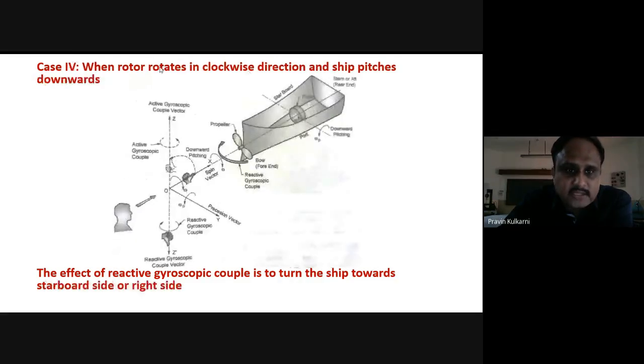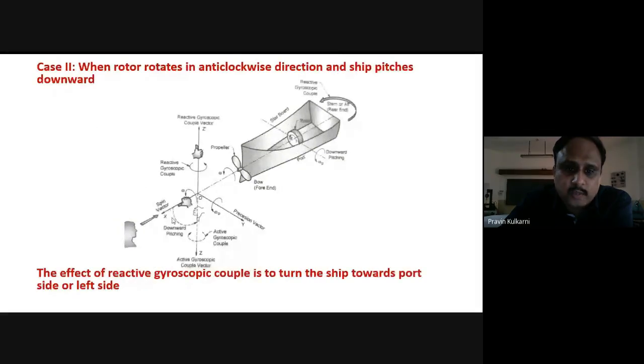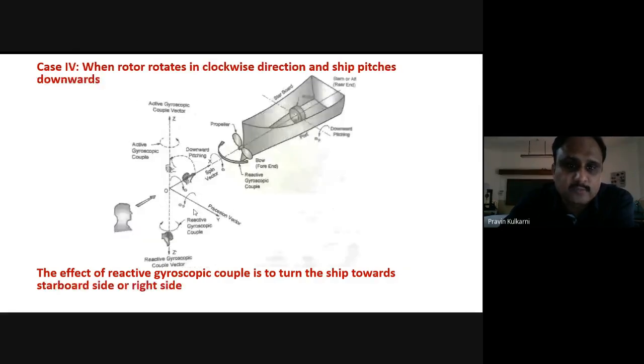The last one is when the rotor rotates clockwise, ship pitches downwards. Downward means case 2. Anti-clockwise should be the manner in which the thumb is to be moved in the vertical plane. So case 4 downward means, see, this is the orientation of the thumb and fingers. Anti-clockwise means turning it like this.